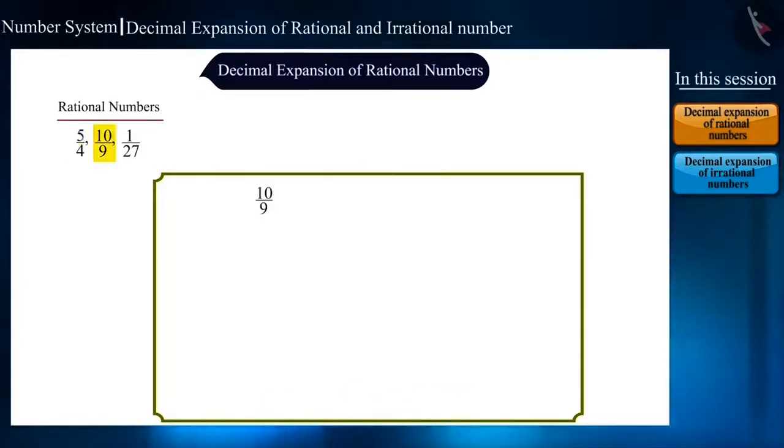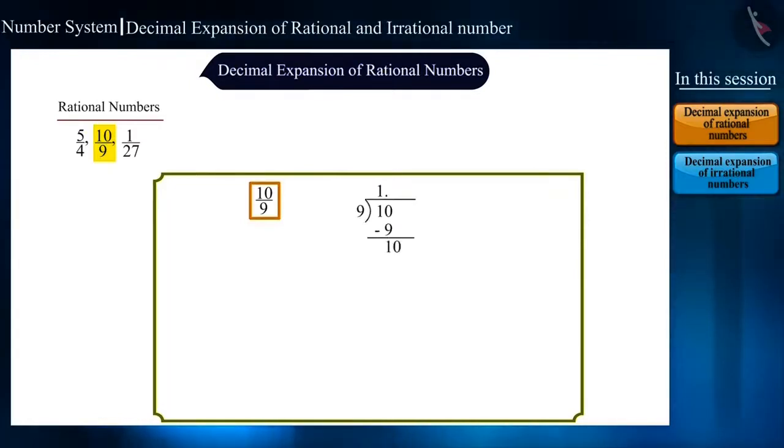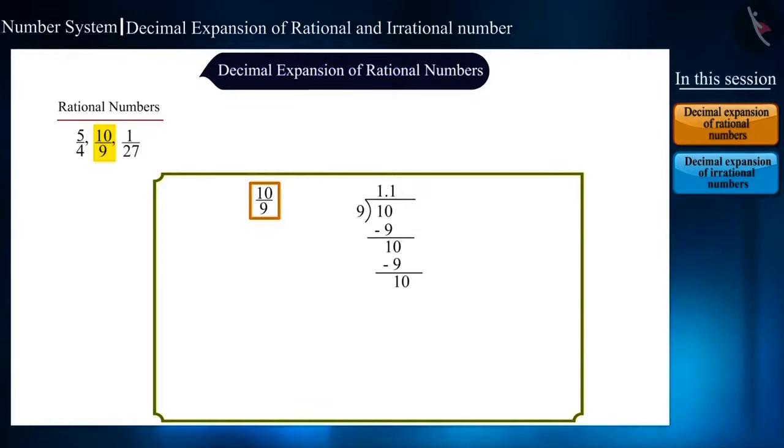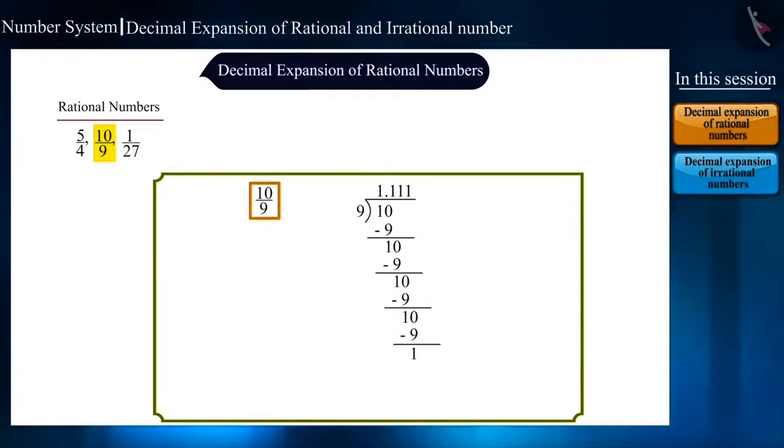Now let's take the next example 10 by 9. Here, when 10 is divided by 9, the remainder 1 is repeating instead of getting a 0. Similarly, in the quotient also, 1 is repeating and its decimal expansion is continuing in form of 1.1111.